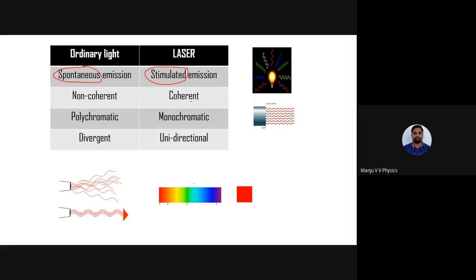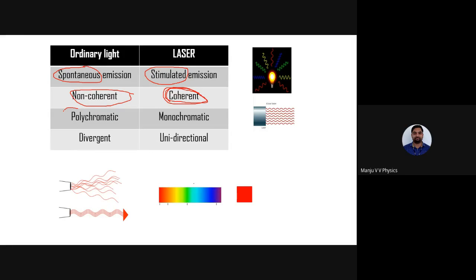What is the meaning of coherent source? A coherent source has the same frequency, same wavelength, and the two waves will be in phase. Whereas in non-coherent, the two waves will not be in phase, and the frequency and wavelength will not be the same.